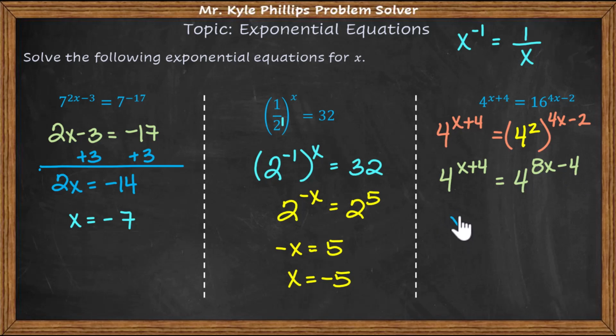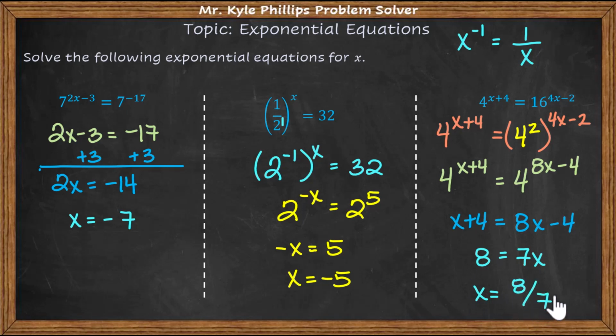So here I have x plus 4 equals 8x minus 4, and I just have a multi-step equation here. So I'm going to take this x, bring it over here. So I would subtract, making that 7x. I'll take this 4 and add it over here, giving us 8. And to get x by itself, we're going to divide by 7. So the answer is 8 over 7 here. And this would be the value of x that would make this equation true.